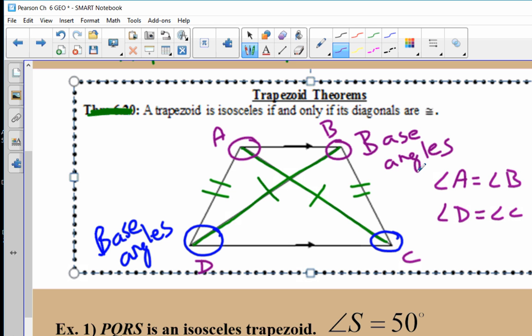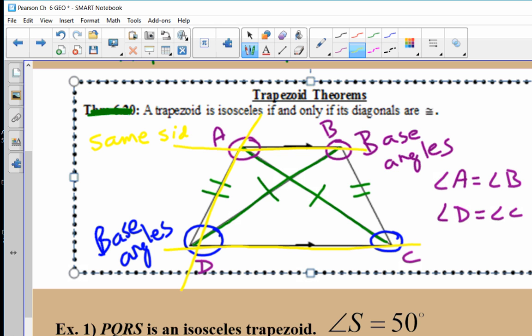The other thing that comes from this too is the key that I ask you guys to keep remembering: if you've got parallel lines, then you've got transversals, okay? And in this case, you're going to use same side interior angles, which are going to be supplementary, okay?